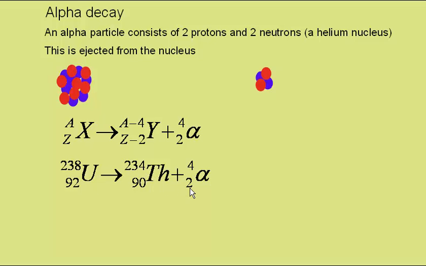And here is the alpha particle with nucleon number 4, proton number 2. You'll notice that 90 plus 2 equals 92, so the proton number has been conserved. 234 plus 4 equals 238, so the nucleon number has been conserved.